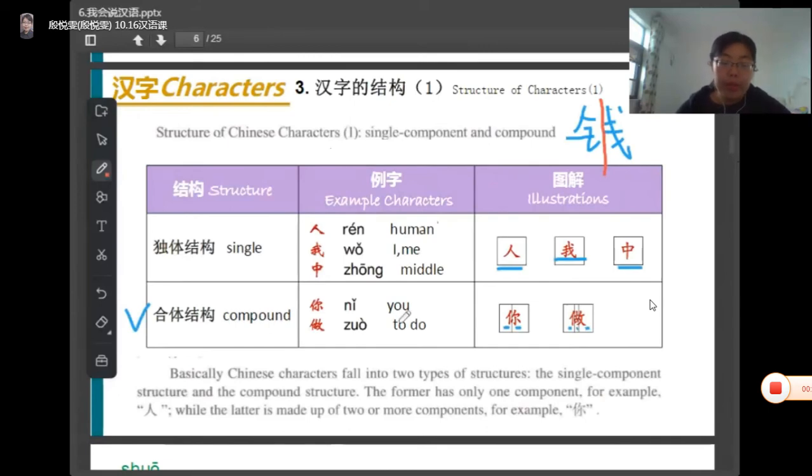Before, the single characters we learned can be a part of a compound character. For example, 中. Here, 中 is the single one, right? And in this character, 中 is just a part of it. So we can divide it into two parts.